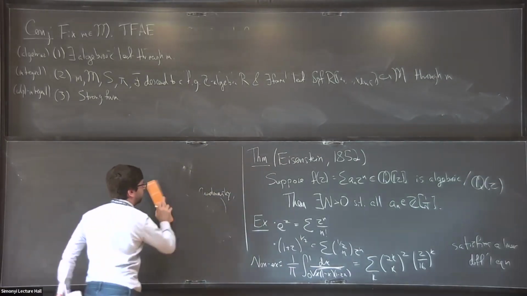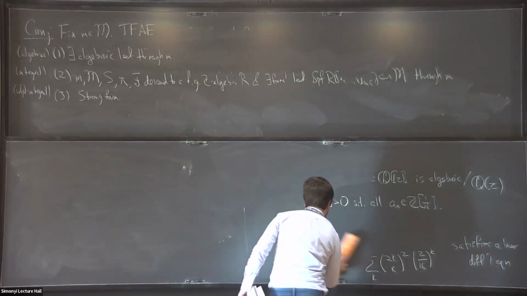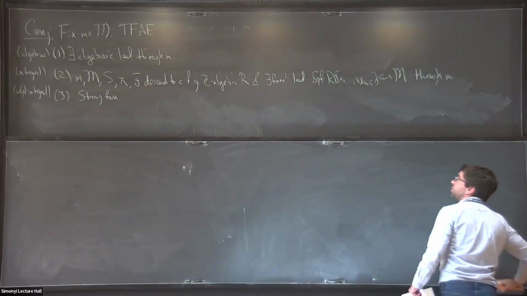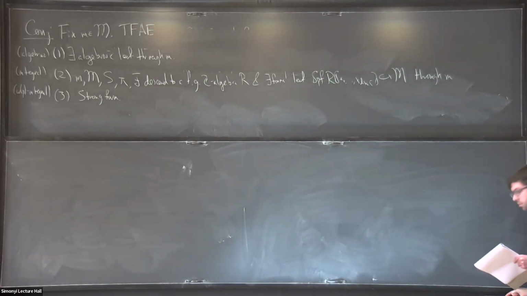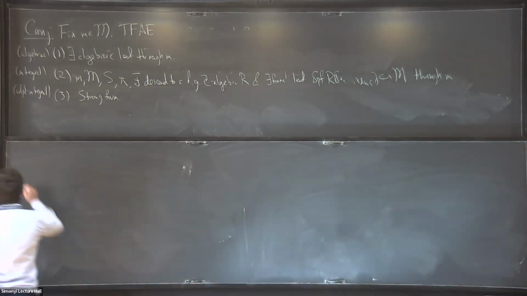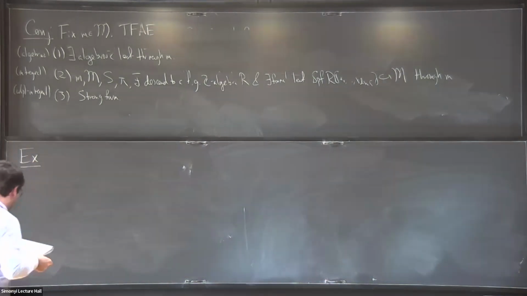Let me give you some examples of foliations where I can say something. Are there any questions about the conjecture before I do that? So here, let me just give you an example of some horizontal foliations.